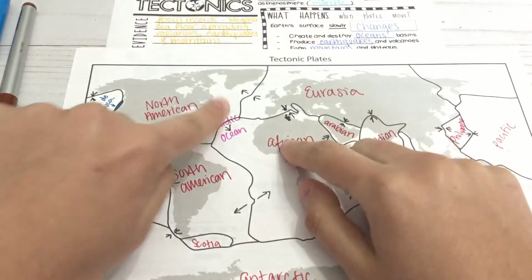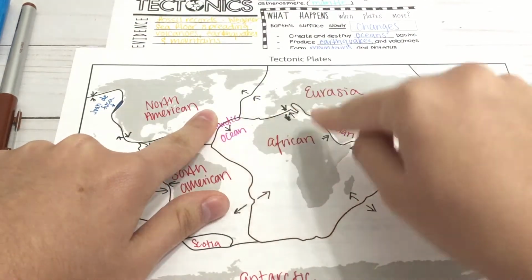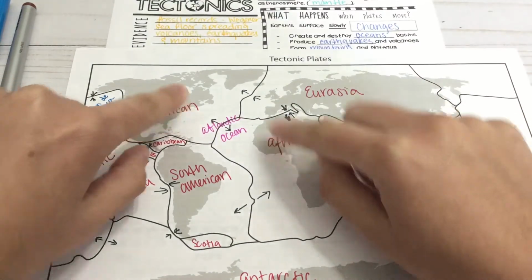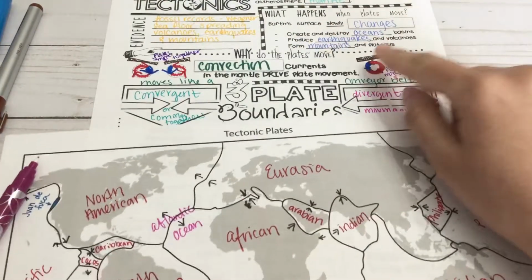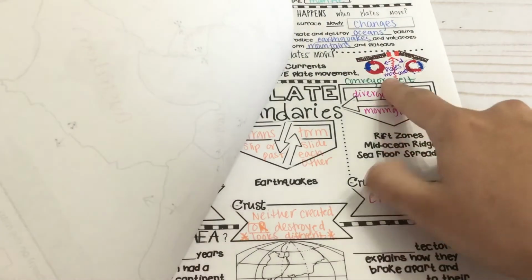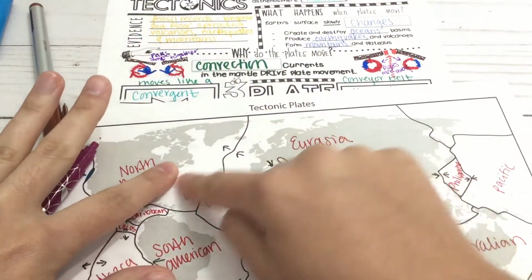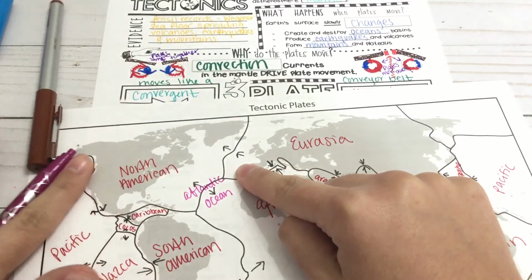So the North American continent and the African continent are moving away from each other. That is creating more seafloor, more magma is coming up in between them, seafloor spreading. This is the perfect example of it, okay?